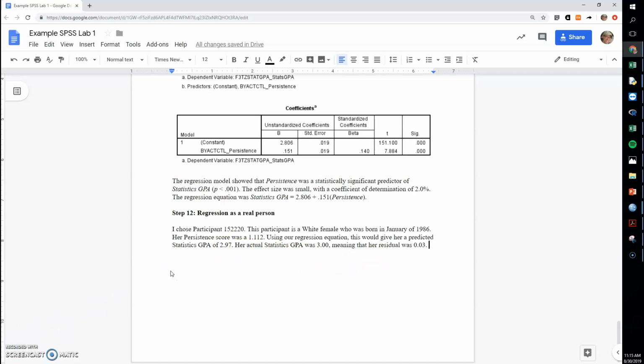Okay, and the final thing we want to do here is play a little bit of what if. The whole point of this is to get a sense of what this slope number actually means.